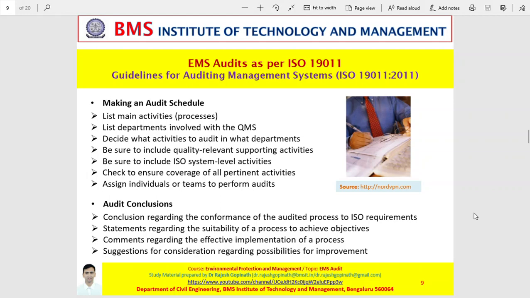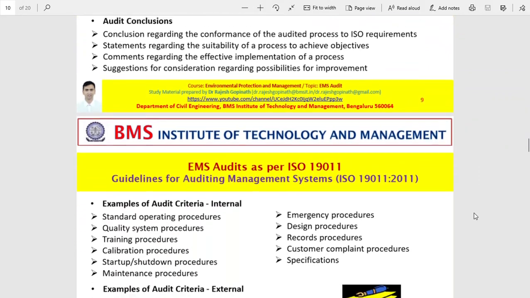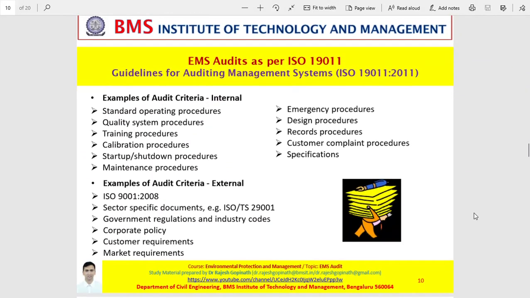Let's go on to slide 10. So when an audit is being carried out, what are the criteria that they are reviewing? Basically, there are internal and external criteria. If you look at the internal criteria, it can be as simple as the customer complaint procedures, the maintenance procedures, the startup and shutdown procedures, the calibration procedures, or probably even SOP.